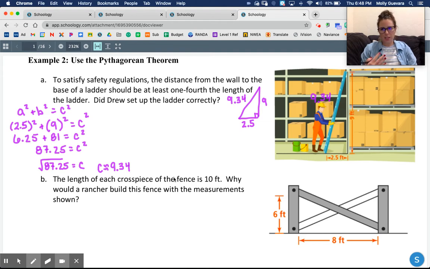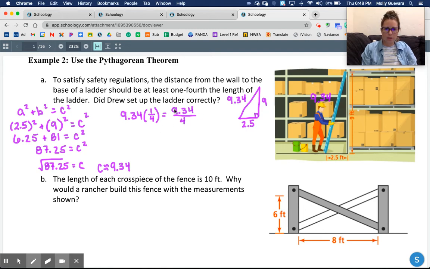by safety regulations, whatever that length is, which in this case is 9.34, times 1/4 is the minimum distance that the ladder can be from the wall. Well, multiplying something by 1/4 is just the same thing as dividing it by 4.